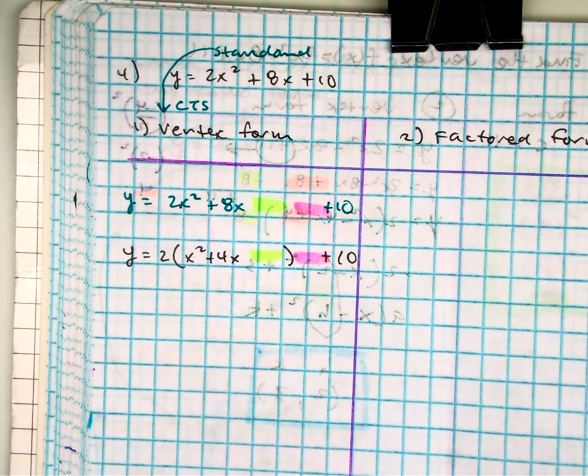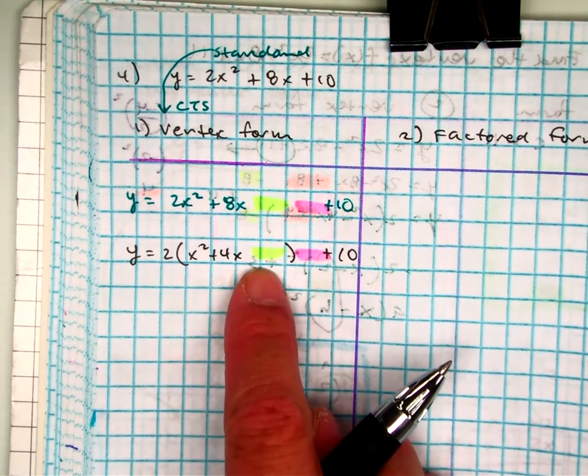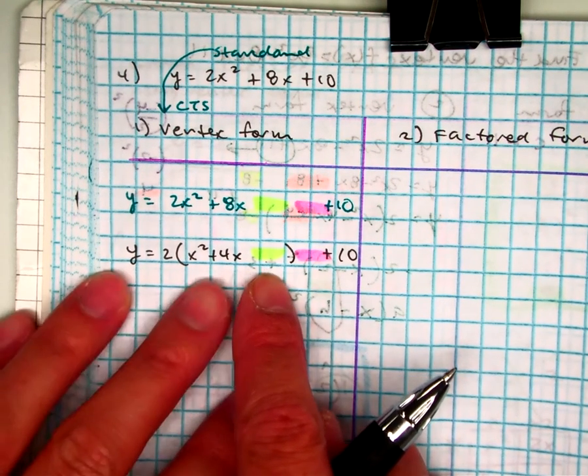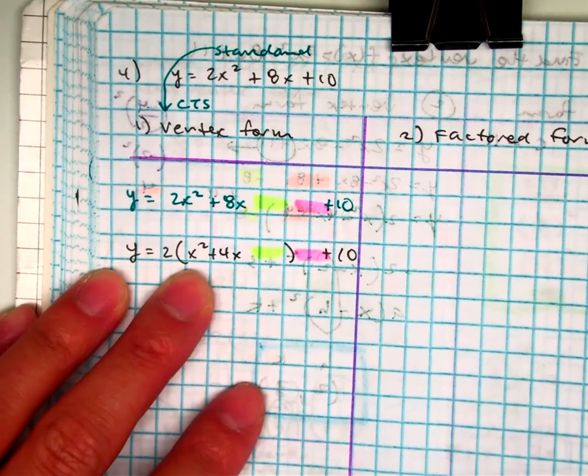Kaylee, what'd you get in yellow? I got 4. She says 4. Thumbs up, thumbs down. 4 is correct. Everyone say inside.